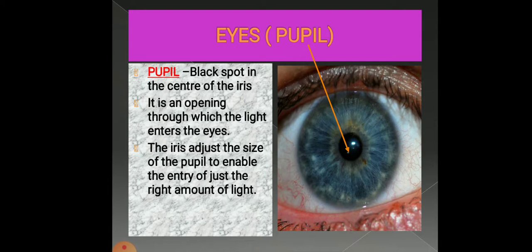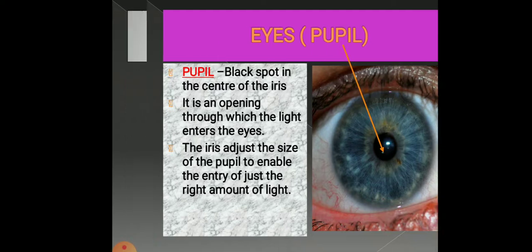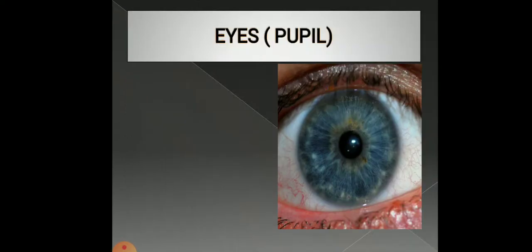The iris adjusts the size of the pupil to enable the entry of just the right amount of light, because you have noticed that sometimes the light is very bright and sometimes the light is very dull. So our eyes adjust it. How? Let's see.